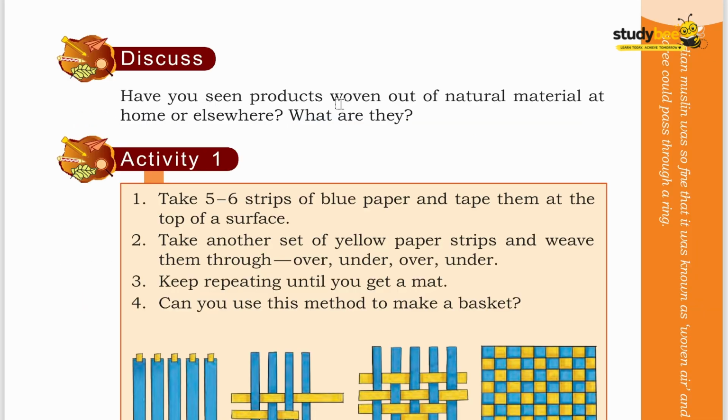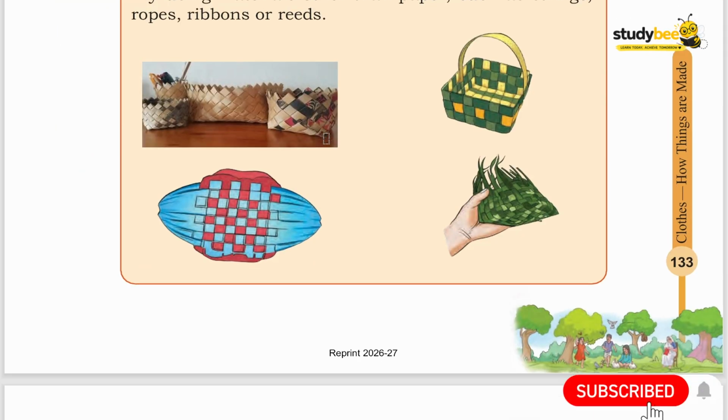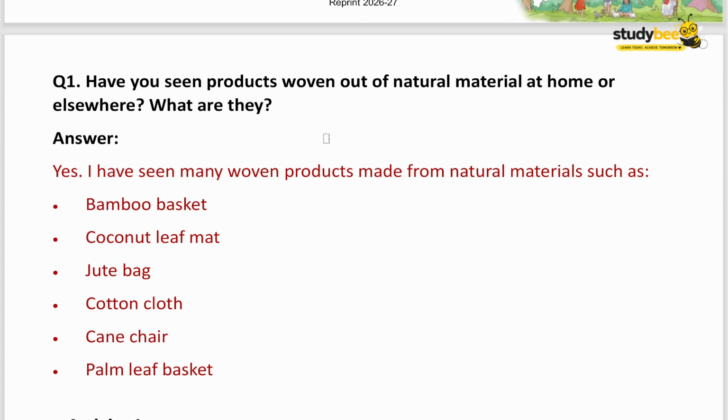Have you seen products woven out of natural material at home or elsewhere? What are they? Have you ever seen any items at home that are made by weaving natural material? Mostly you can find a lot of such items in our home.